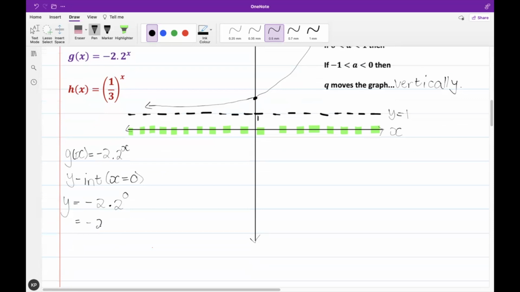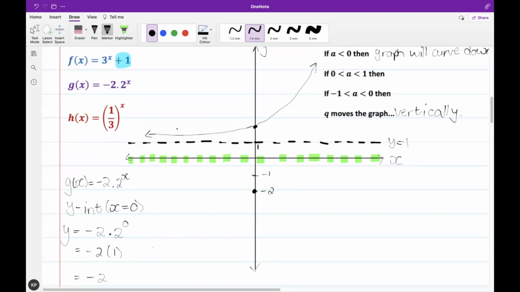So this is just -2 times 1, which is -2. So my y-intercept for this one is, I'm going to put 1 over there, -1, -1 here, and -2 here. So then my intercept for my y in this case is -2.